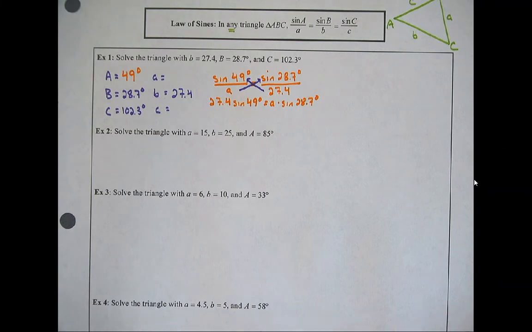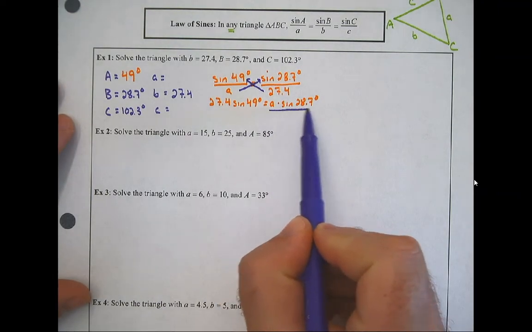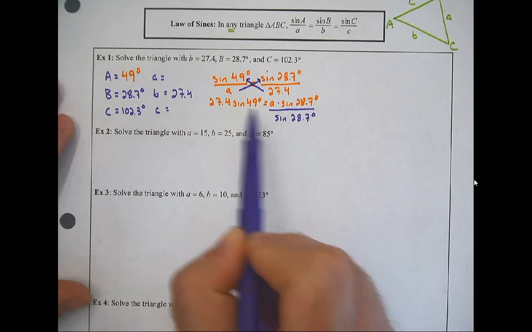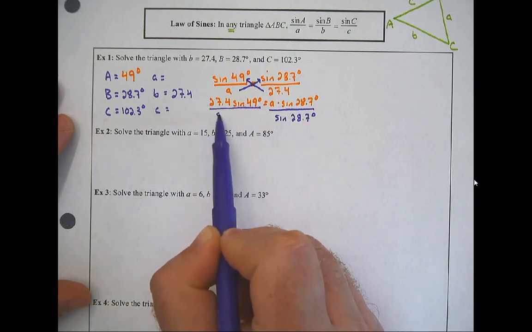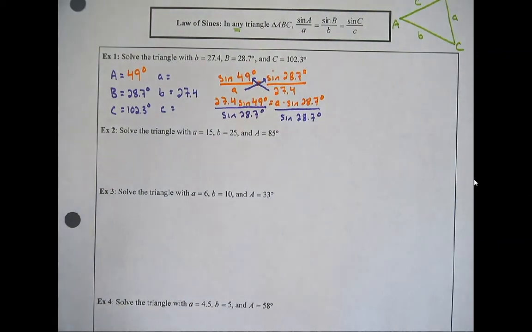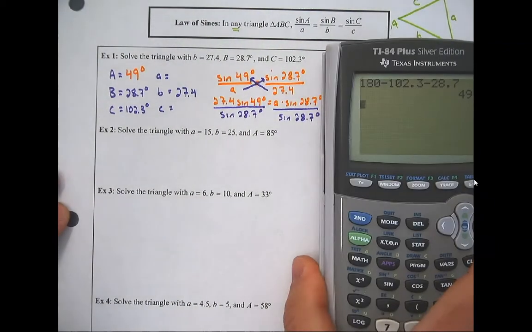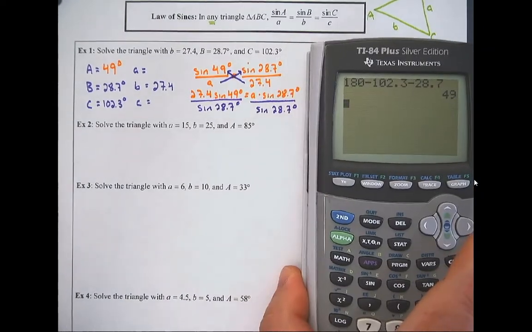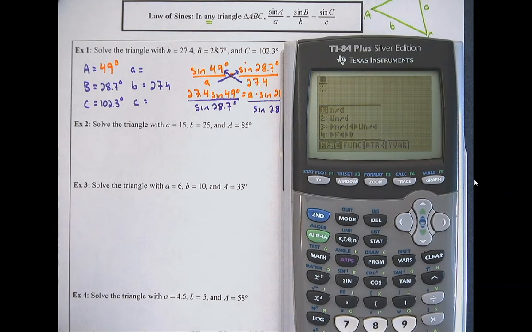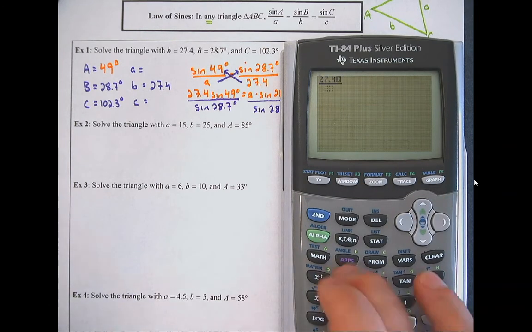All right, who's keeping little a from being by himself is sine of 28.7 degrees, which is connected by multiplication, which I'm going to kill with division. And then from here, I'm going to need my calculator to finish this. So let's see. 27.4 sine of 49.